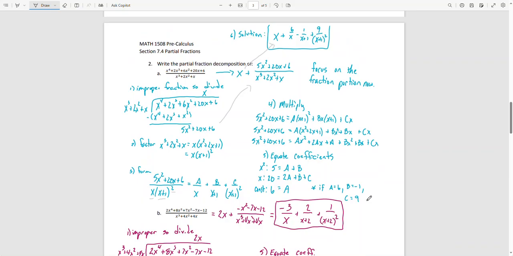It doesn't, because we're going to keep it in blue right up here. A is 6. A is over x, so 6 is over x. I have B is a -1. B is over x plus 1, so that's -1 over x plus 1. C is 9, so 9 over x plus 1 all squared. The quotient and the partial fraction decomposition all together in the answer.